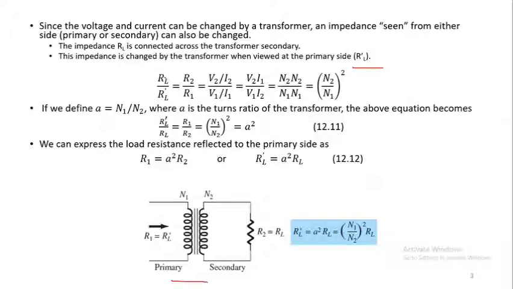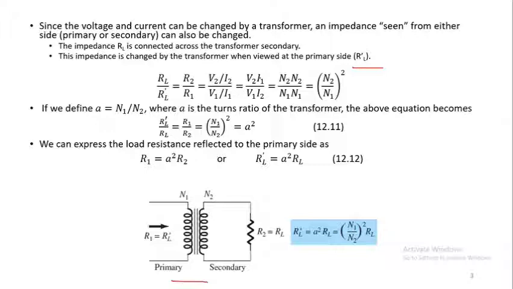Actually this is the ratio of output impedance over input impedance, at the output side and input side of the transformer. So the relation is RL over RL prime is equal to R2 by R1, that is equal to V2 by I2 divided by V1 by I1.